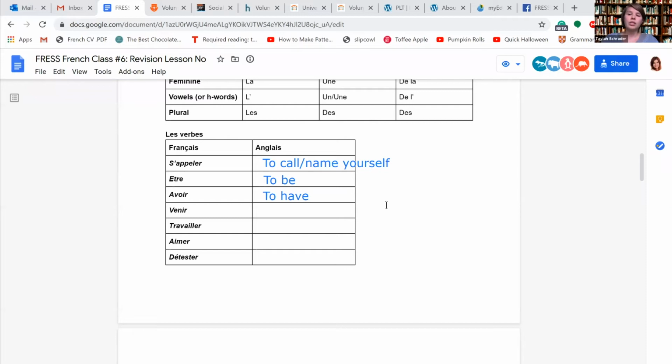They are used to indicate tenses. They're also used to indicate things about having or being. So to describe yourself, to describe other people, you would use être. And to describe having something past, present, or future, you would use avoir.